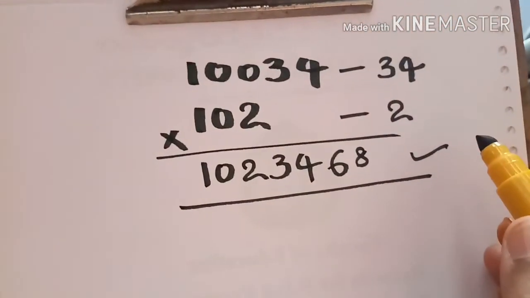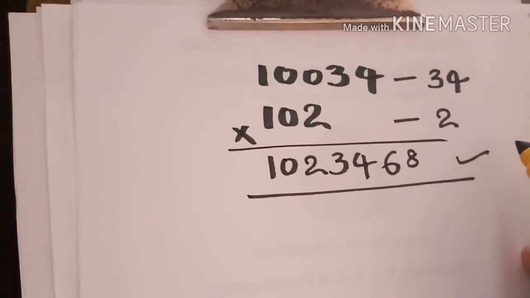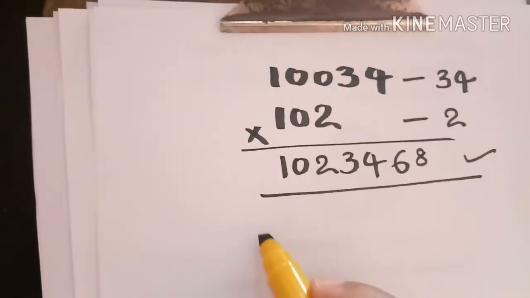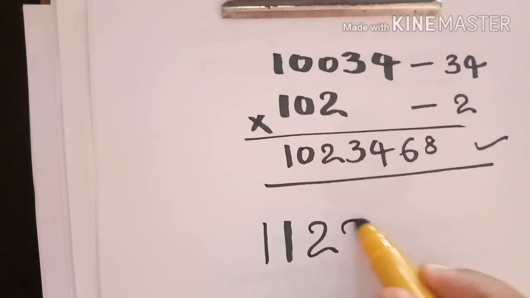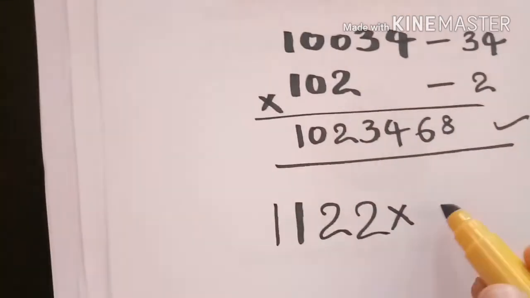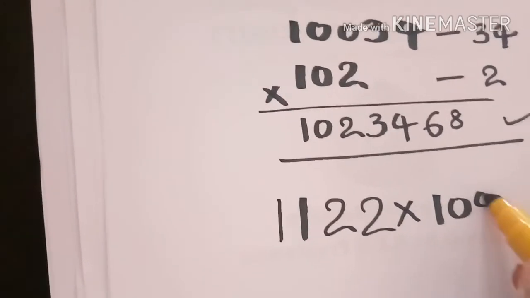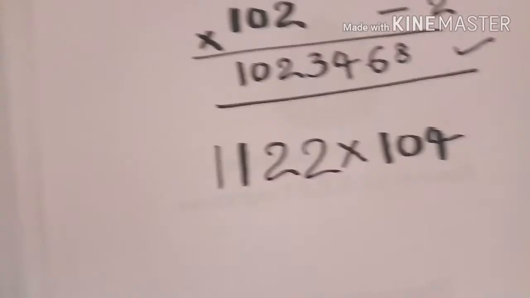Very easy to calculate, simple, very easy, right? Again I am going to give a problem to you. You see here 1122 multiplied with 104, right? So different types of bases, these are all.